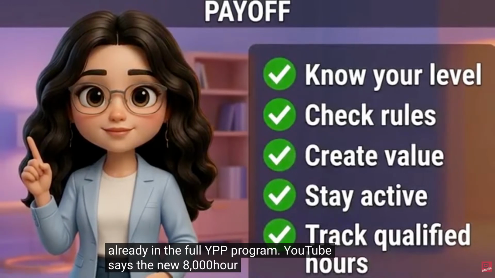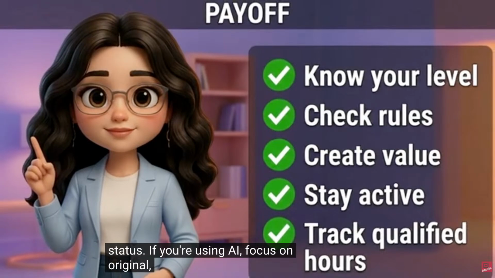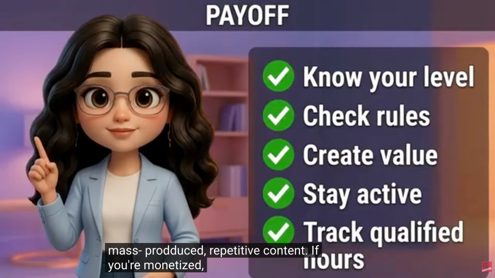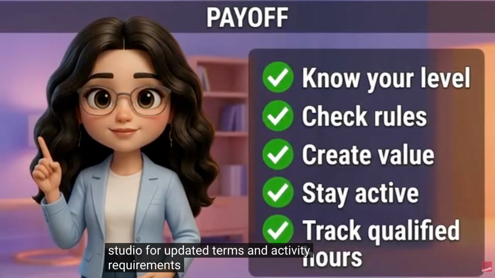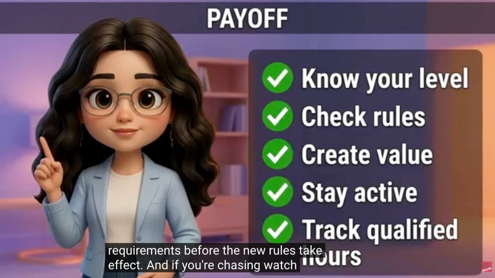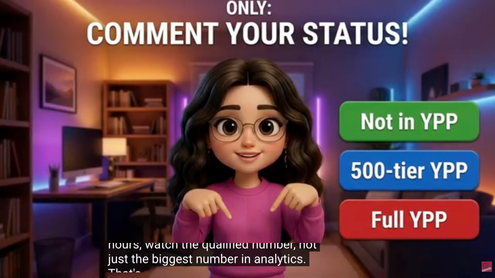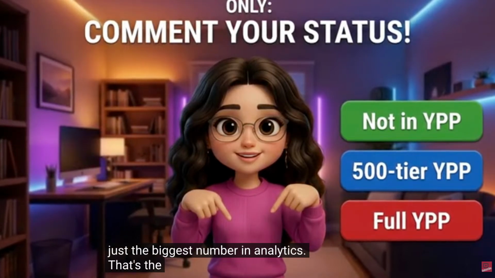If you're using AI, focus on original, authentic value rather than mass-produced repetitive content. If you're monetized, check your YouTube Studio for updated terms and activity requirements before the new rules take effect. And if you're chasing watch hours, watch the qualified number, not just the biggest number in analytics. That's the difference between understanding YouTube and simply reacting to YouTube rumors.